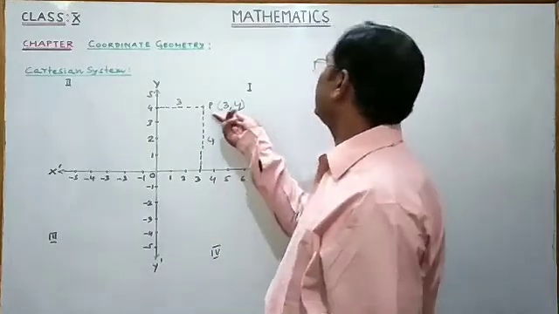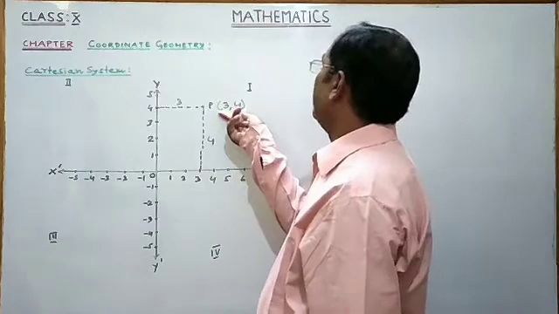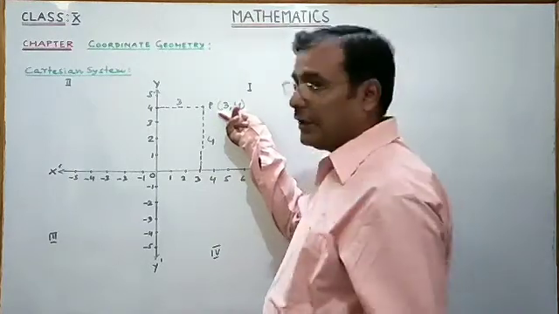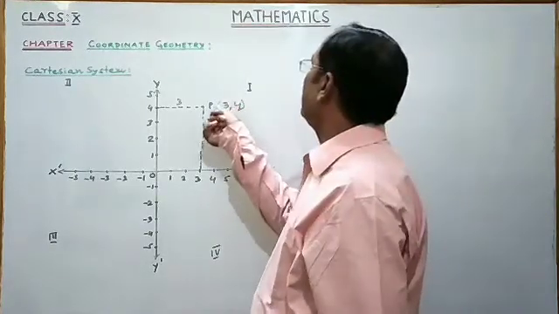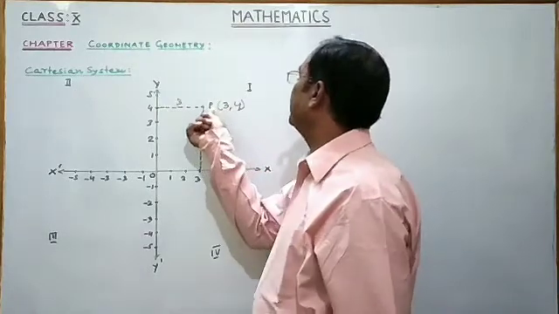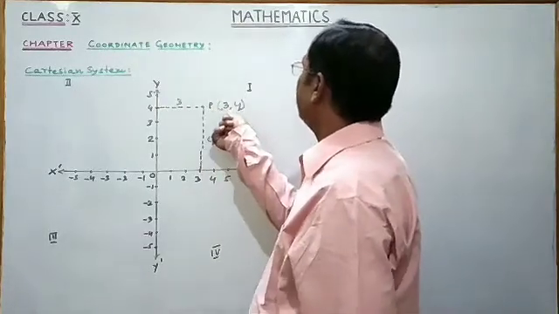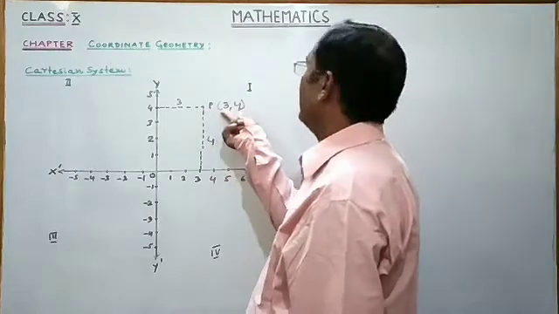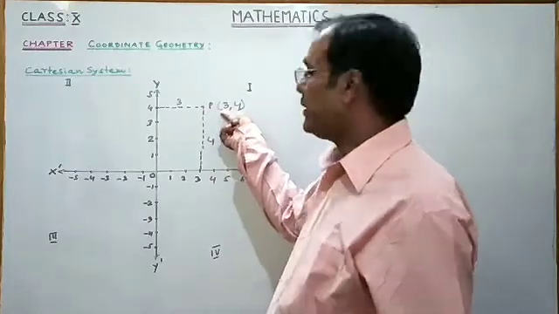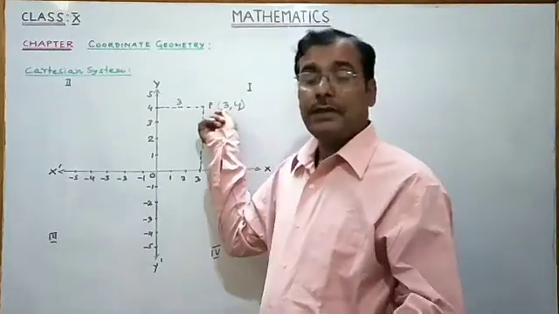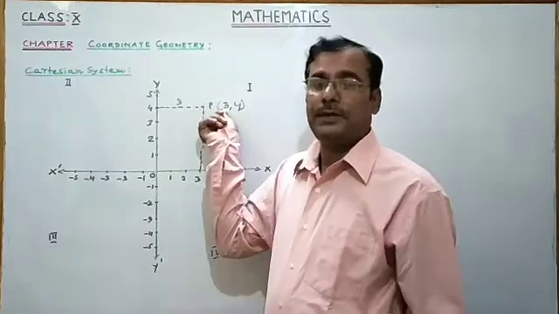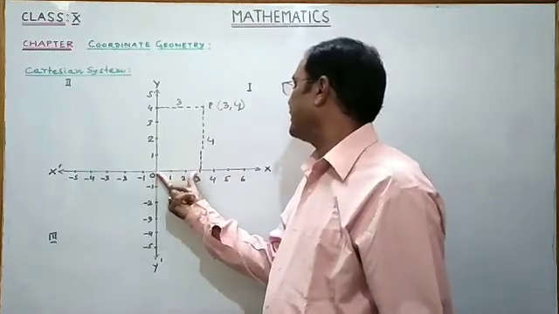So this (3, 4) is an ordered pair which are the coordinates of this point P, in which two distances of the point P are involved. First, the number 3 is the distance of this point P on the x-axis.